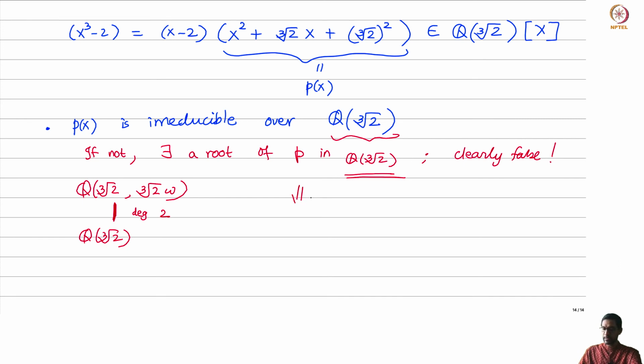So p is exactly the minimal polynomial of cube root of 2 omega over the field Q(cube root of 2). The degree of the extension is 2, and that's all we needed to prove, that the total extension has degree 6. So we are done.